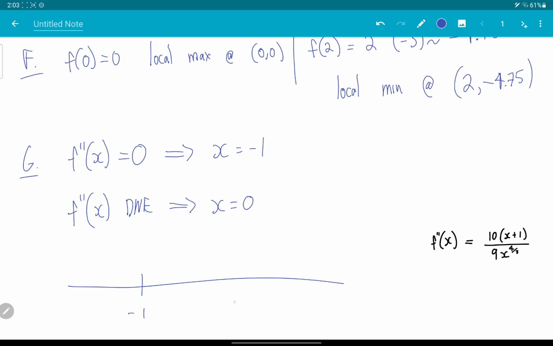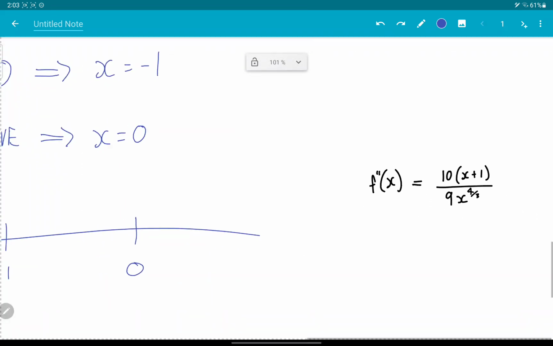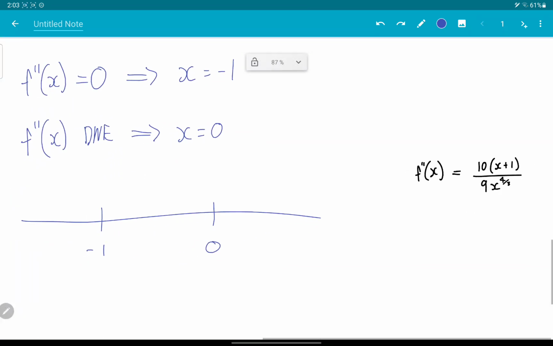So we got -1 and 0, and we start plugging in test points, so say -2. The denominator is always positive, because this power of 4 here makes the denominator always positive. So if I plug in -2, I'm going to get negative. So concave down.